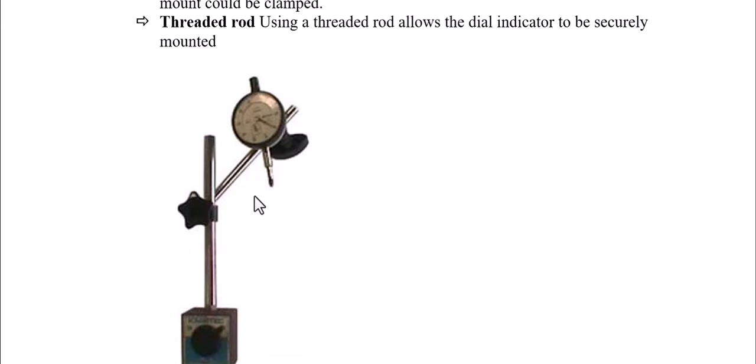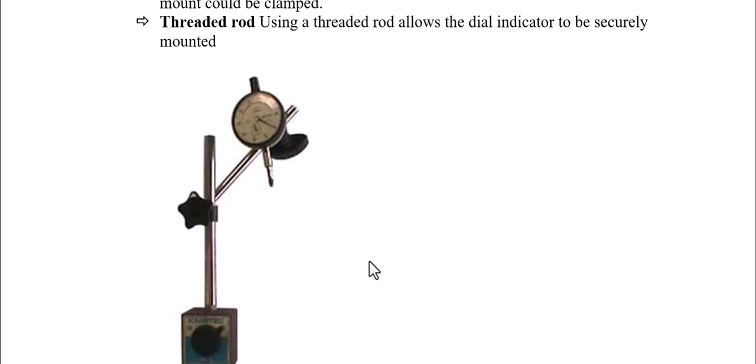If maybe a part is rotating, when the part is rotating, it just touches this point, then this will read. Or if you want to measure the height of something from the ground up to this level, when this point touches the object, it will give you the dimensions on the dial indicator. So it is used to measure the dimensions of some objects.